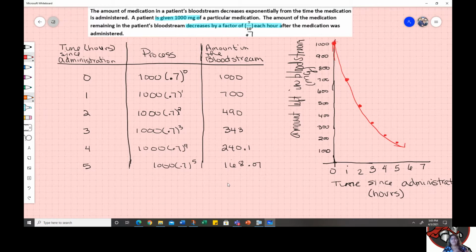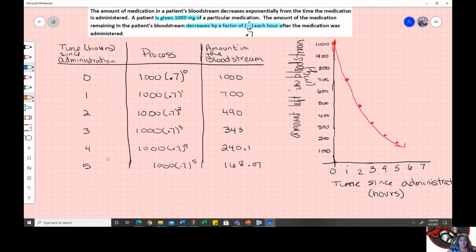Okay. So here's our prediction. Here's our predictor model. We can use a table or the graph just to kind of make guesses as to where we think that amount might be after a certain amount of time.